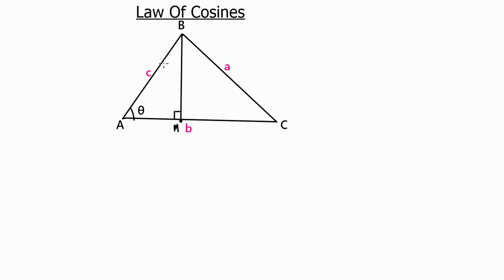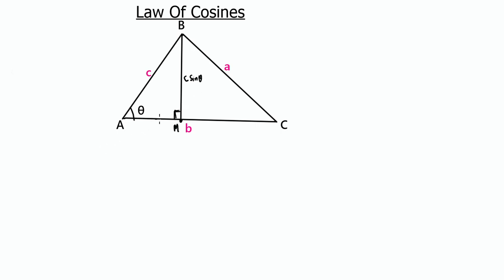If you look at triangle BAM, the side BA is the hypotenuse because it is the side opposite to the 90 degrees. This angle is theta. So the side opposite to angle theta is BM. This is the perpendicular P and AM is the base. So we know that if theta is given and the hypotenuse length is given, that is c, then the perpendicular P is going to be c sine theta.